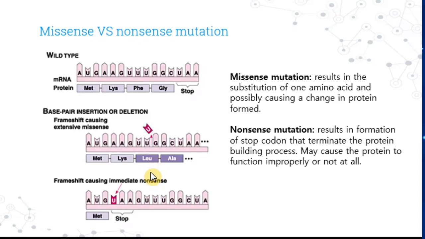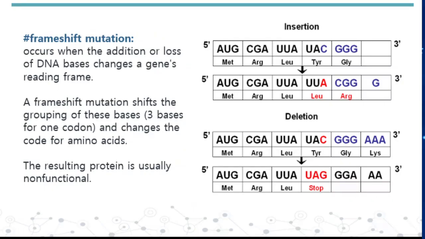Whereas if there is an addition of a nucleotide base, instead of here AAG, now there is an addition of U, it becomes UAA. So it is a stop codon, and the translation process has stopped. Frame shift mutation is a term for the shifting of the location of nucleotide bases for each codon. So it is generally what we have discussed earlier.